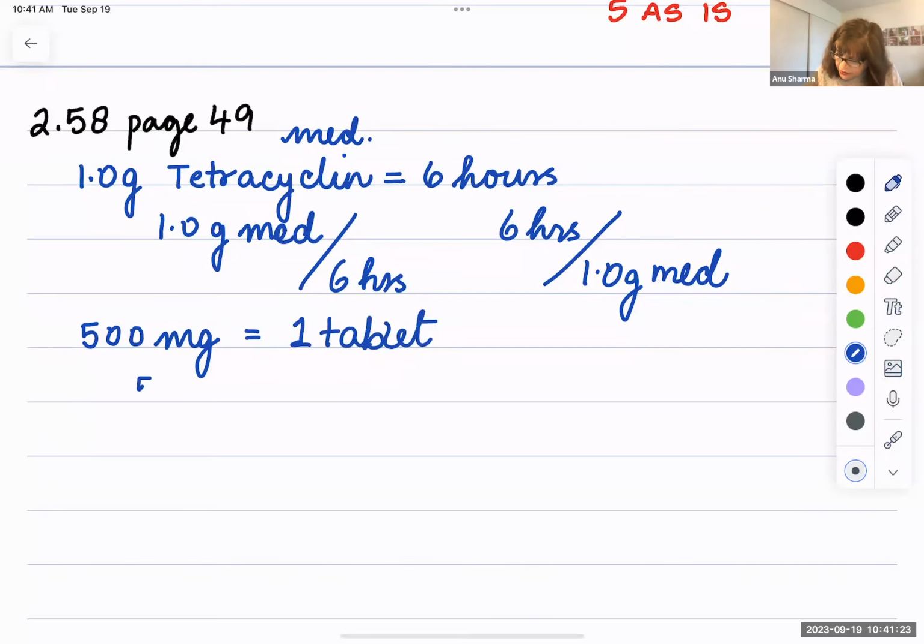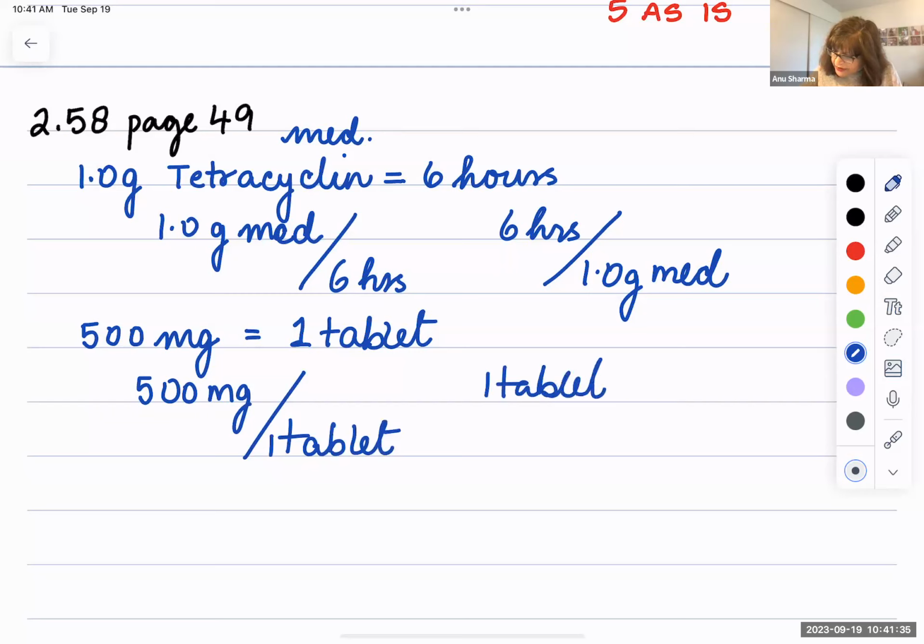This means 500 milligrams per tablet, or 1 tablet per 500 milligrams. Again, the two conversion factors, in milligrams of med.